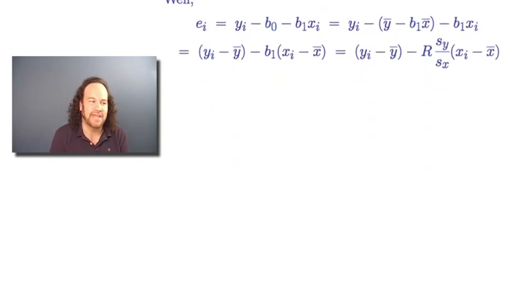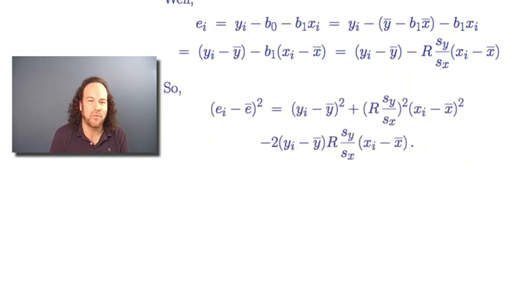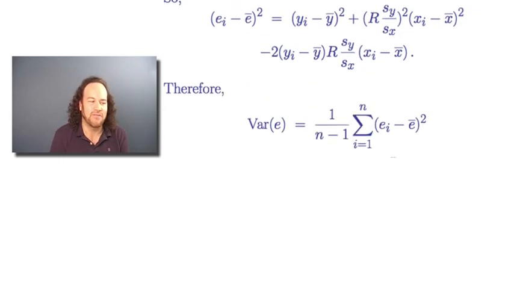Now let's look at ei minus e bar squared. Well, e bar, we just said, is equal to 0. So it's just ei squared. And we square that out. Now we do have cross terms, so we get this minus 2 times the cross term. And then we start computing for the variance. And the variance should be now the average, or 1 over n minus 1 times the sum of these things.